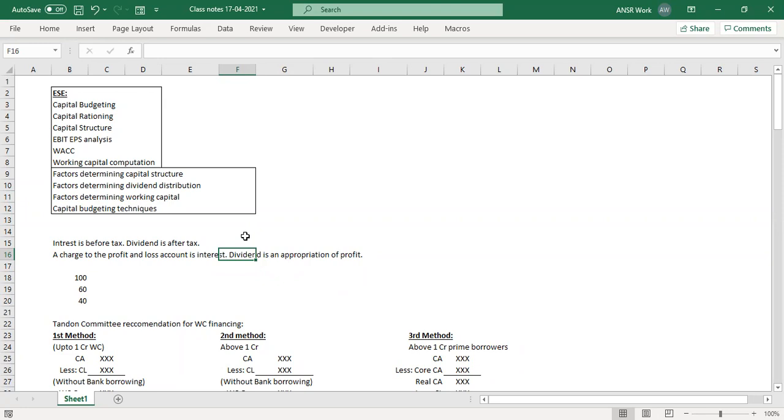So when you talk about EBIT, EPS analysis, which you were mentioning, that's when you are deciding how much fixed cost I should keep, how much I should borrow from a bank. Often with entrepreneurs, when they start a business, they have this question of how much should we invest from our own hand, how much should we take as a loan from the bank. How should you decide that?